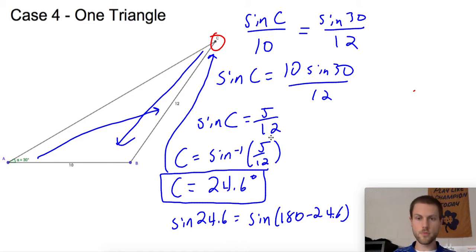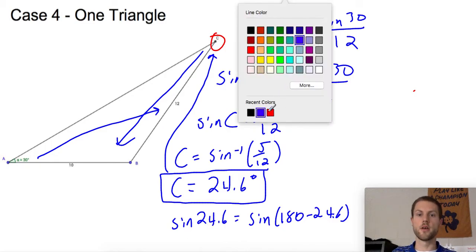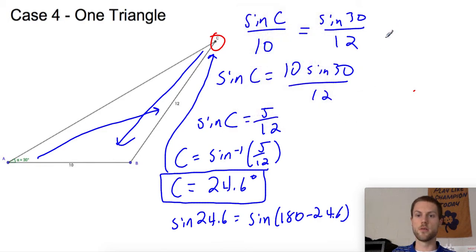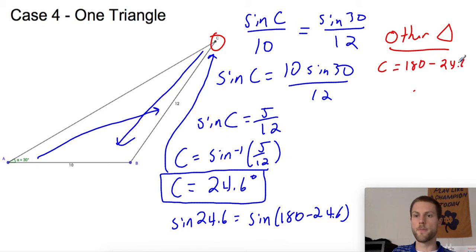So let's just find what that other angle is. The other triangle would have the C angle be whatever its supplement is, 180 minus 24.6. So that angle, in theory, could be 155.4 degrees. So the law of sines would still work out if this C was equal to 155.4.